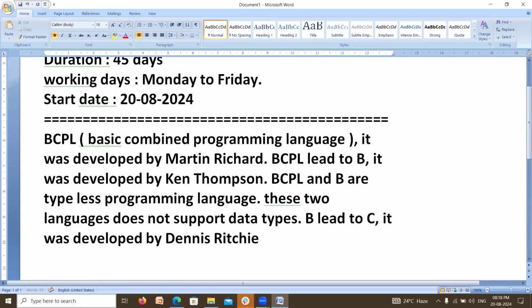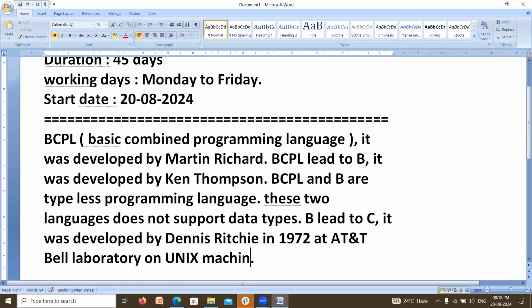Dennis Ritchie, in the year 1972, at a laboratory named AT&T Bell Laboratory, on a computer having the Unix operating system, on a Unix machine. It is about the history of the C programming language.